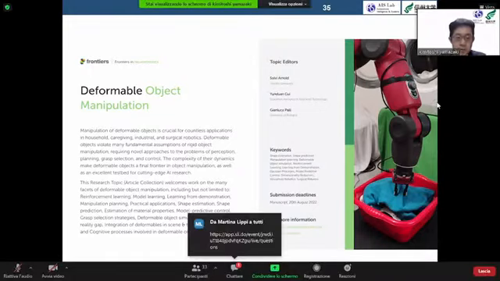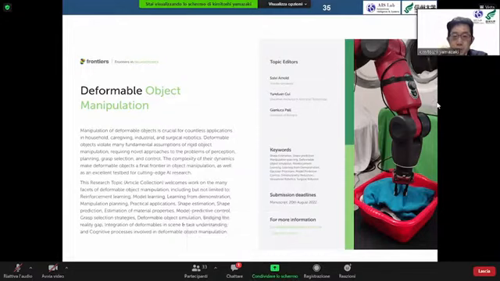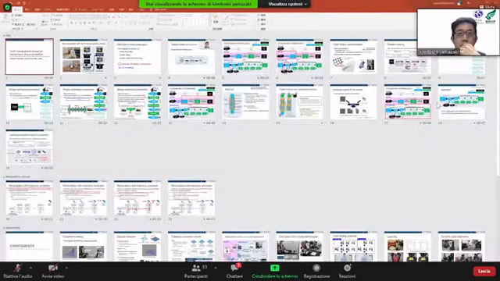Oh, it's a very difficult question. How is the manipulation represented to be fed into the network? Because we have two types of prediction network.